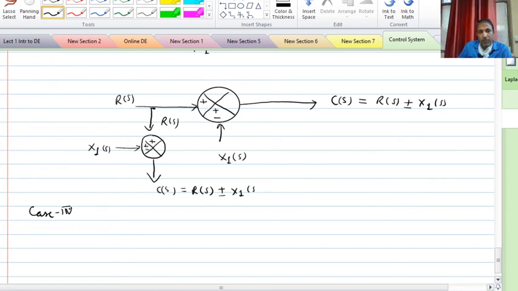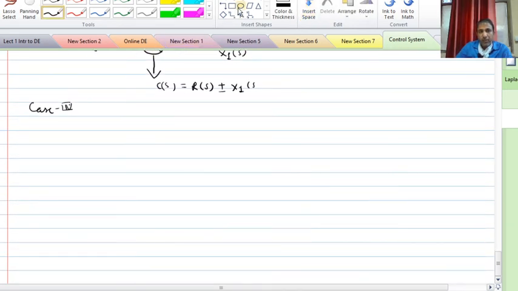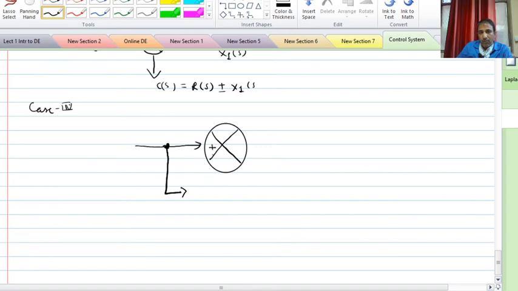Now take case 4. If we want to move a summing box takeoff point from this position, this is plus, this is plus minus, this is X1S, and this is R, this is CS, and this is your RS.